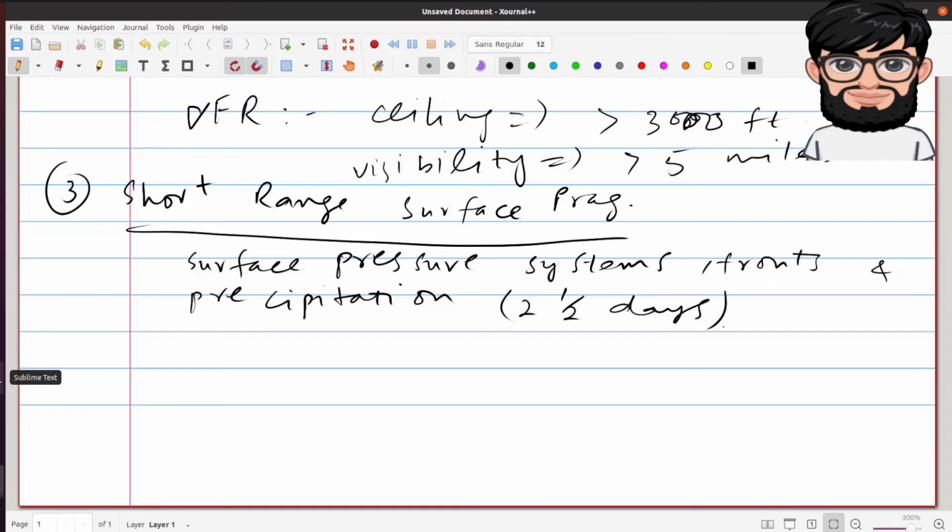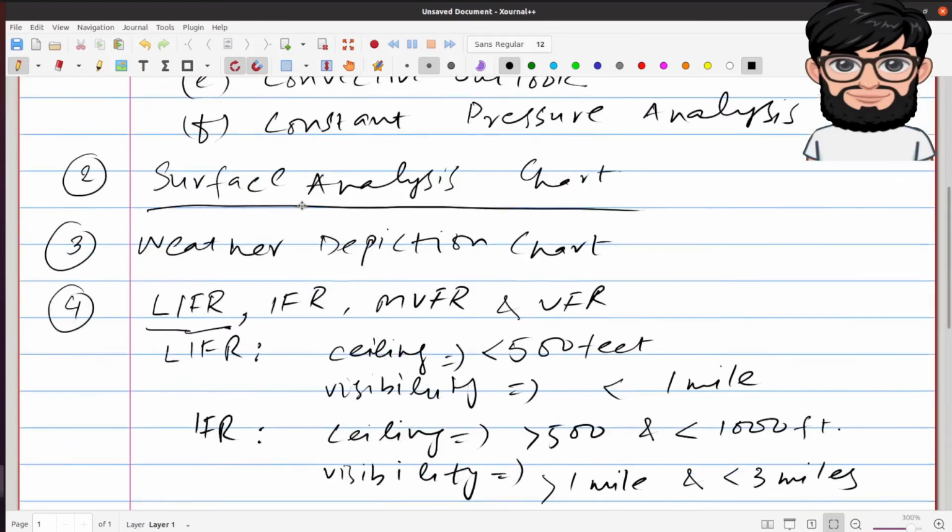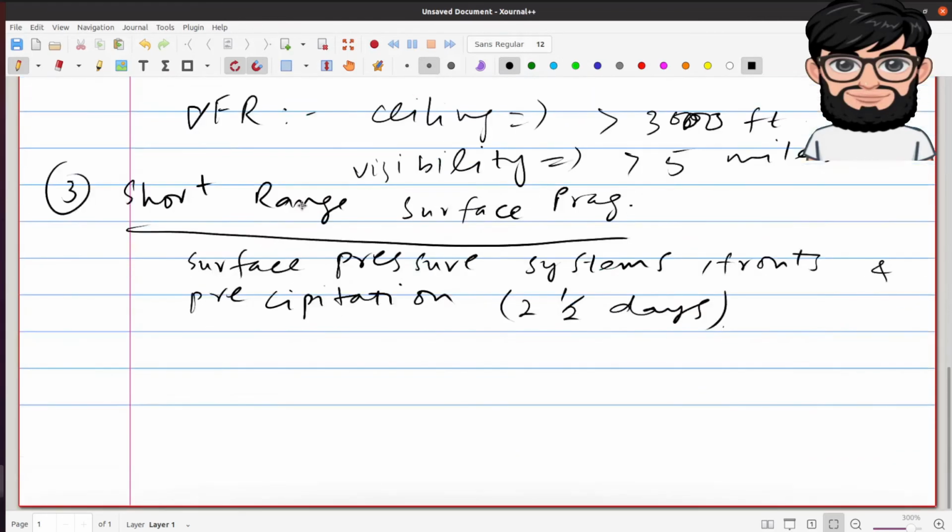Actually this is not the third one we were covering, that is actually the fifth one. The sixth thing is the low level significant weather prognostic chart.